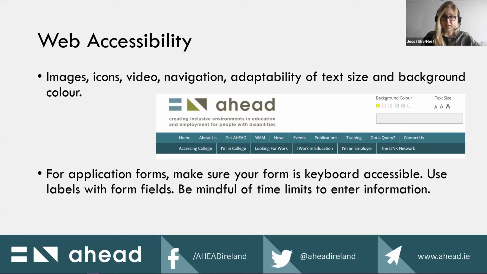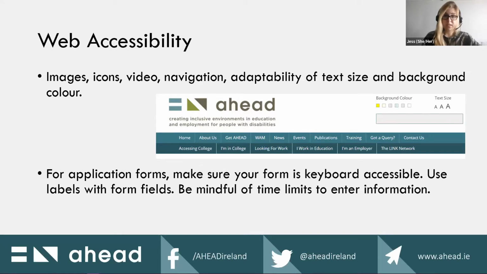If you are using icons, it's just important that you use text as well. So if you're using a magnifying glass to show that you can search with this search bar, just add the word search as well. It's great to use icons. They can be very helpful for people with cognitive disabilities, for people with language barriers, for people with intellectual disabilities, but it's just important to have the words as well to just explain what does this icon do.